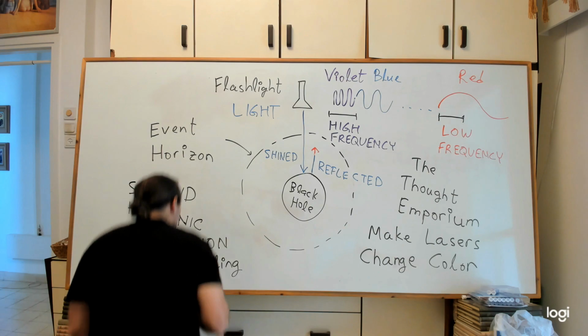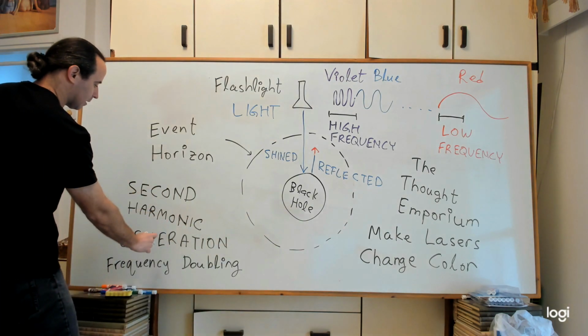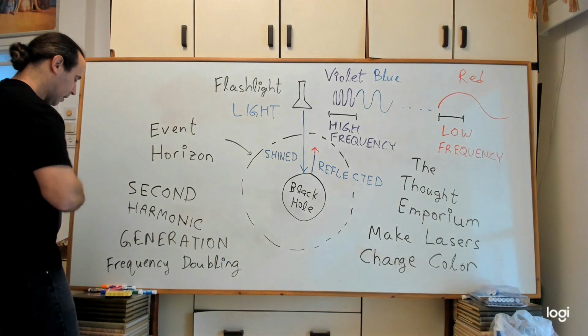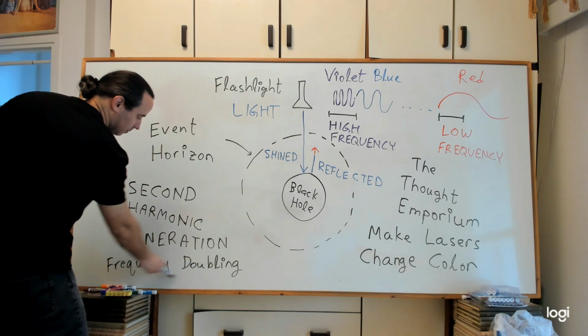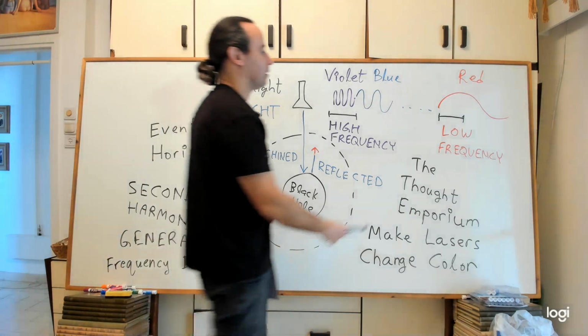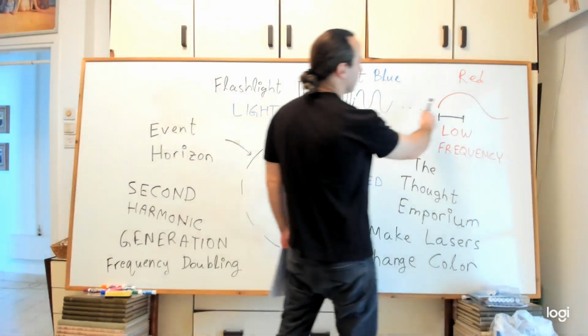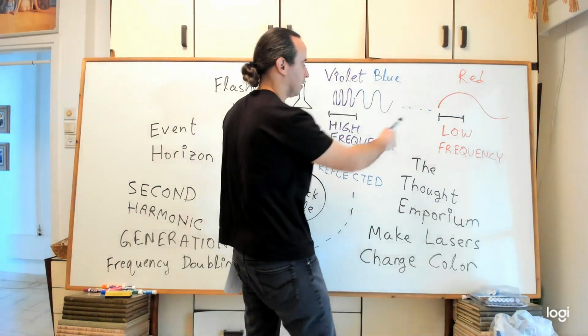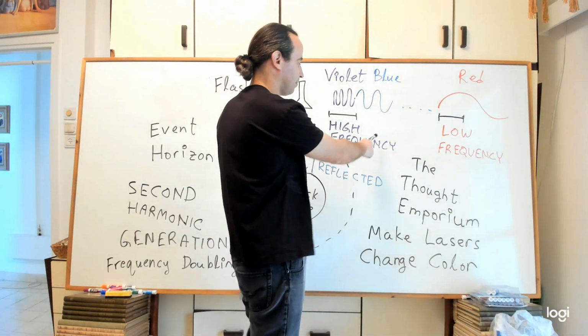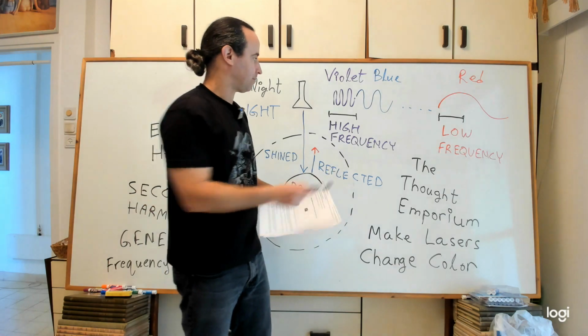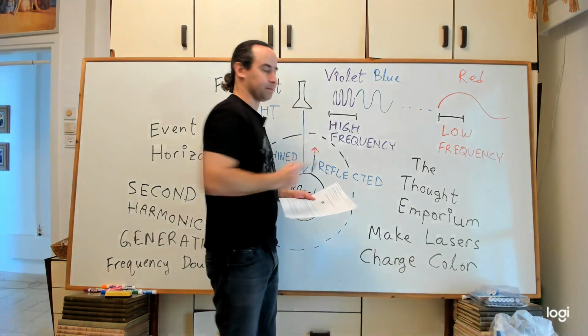Okay, so even if we don't know what second harmonic generation is, now we understand intuitively what frequency doubling is. It's taking a low frequency and making it twice as high. Okay, like from this making it into this higher frequency, or from this making it into this.